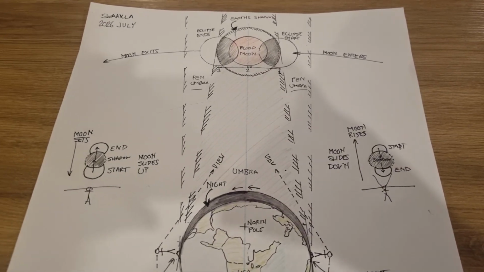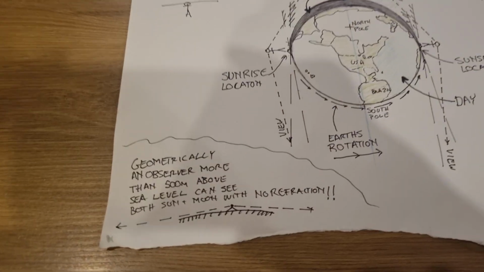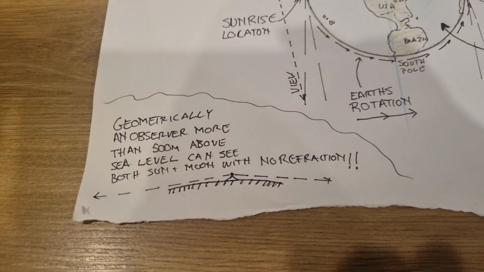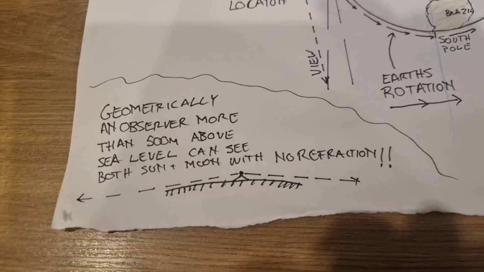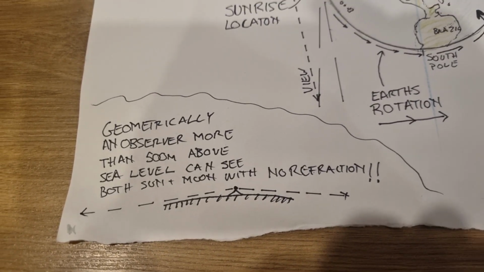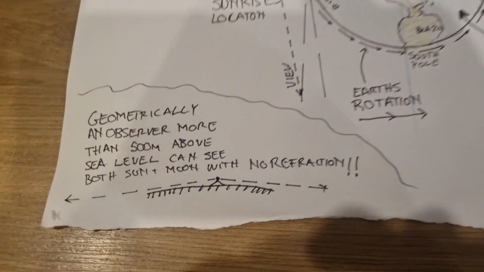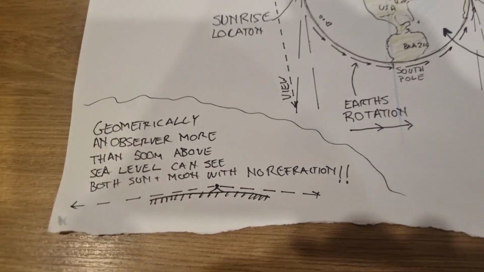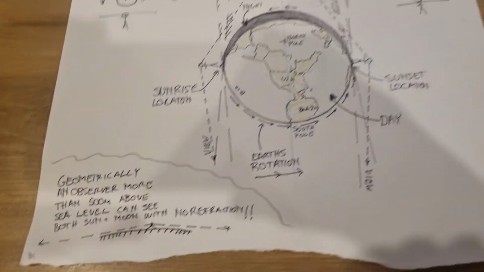Now, one thing I did try to explain to the guys is that geometrically, if an observer is more than 500 meters above sea level, they can see both the sun and the moon without the need to use a wild card of refraction.